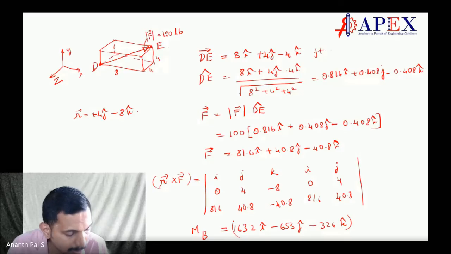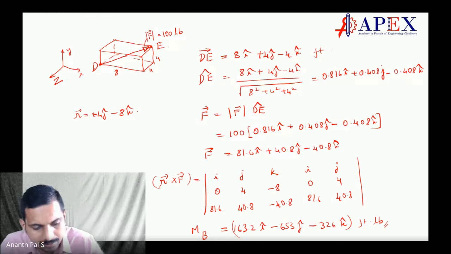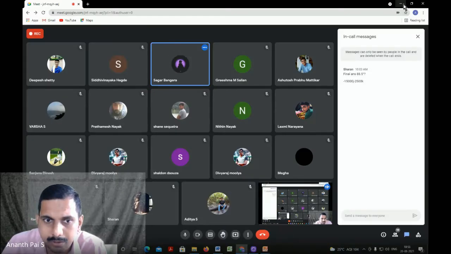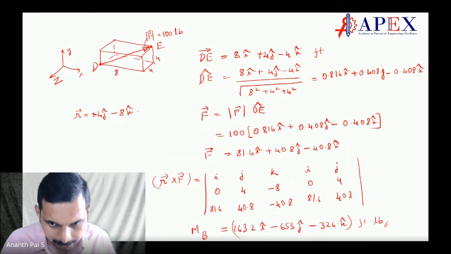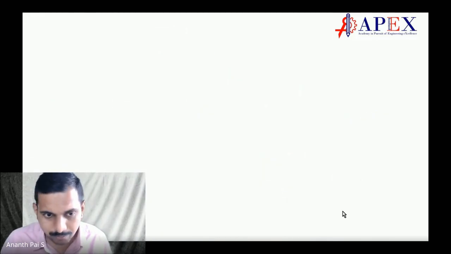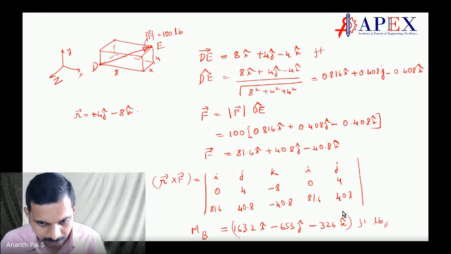Then MA, sir? MA we will find out. MA is 163, 245, minus 245 and 81. Correct, good. Who is this? Sagar, very good, Sagar. So this is MA, this is MB. Now if you consider MA, find that out, students.